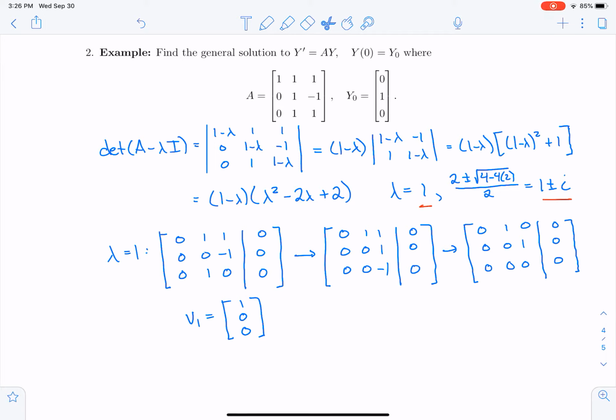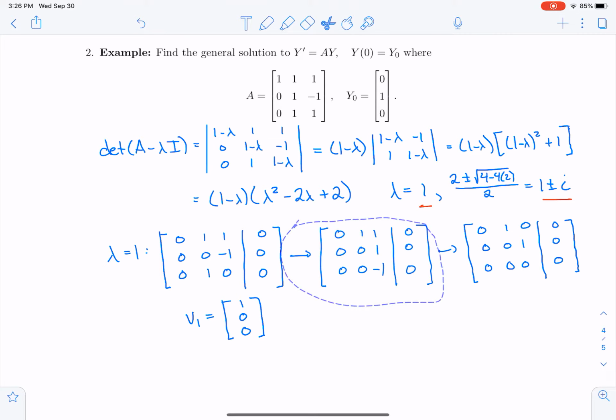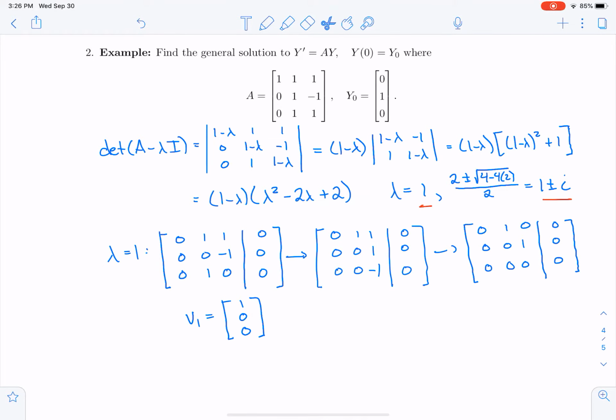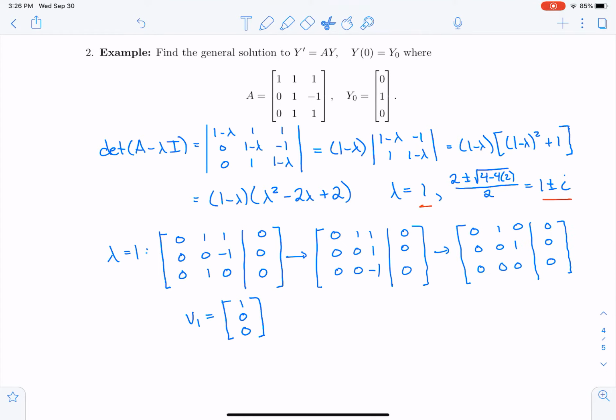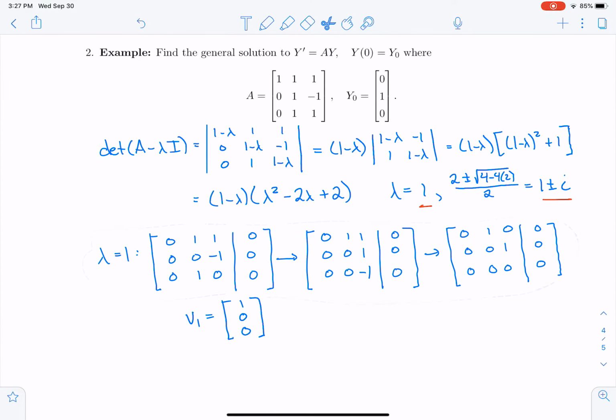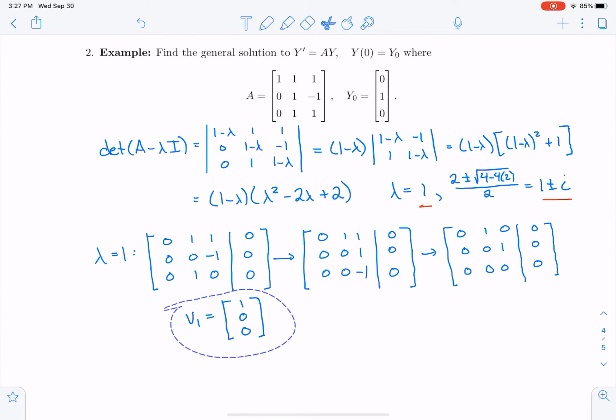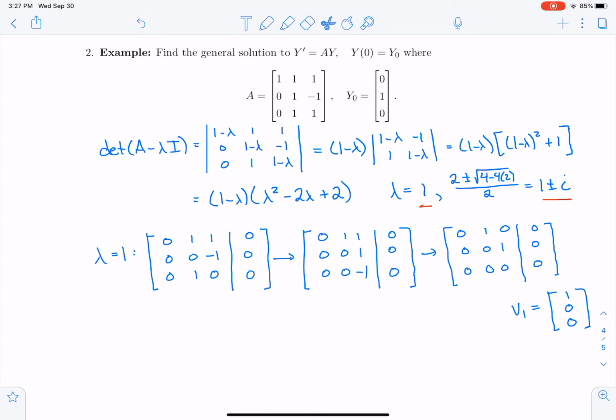Okay, I'm going to just clean this up for a second so that I have room for my eigenvector.